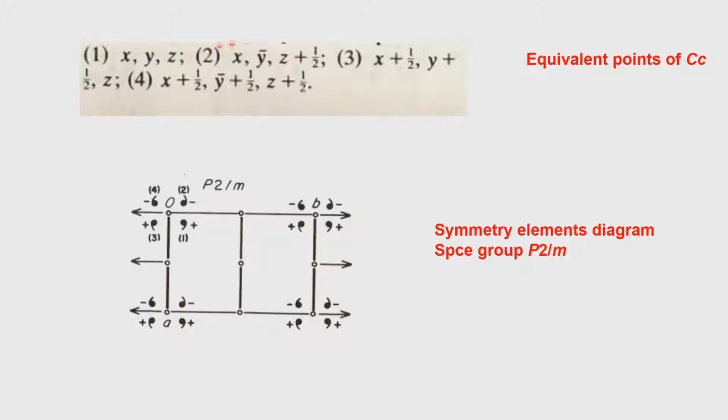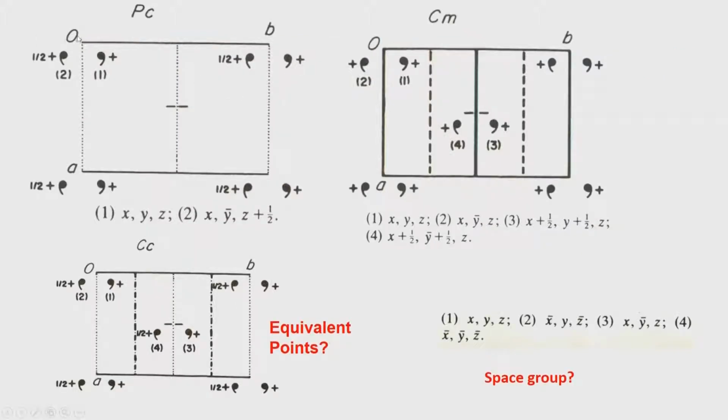So, this goes to x plus half, y bar plus half, and z plus half. So, these are the 4 equivalent points. So, the take home lesson here is that given this diagram, in principle we should be able to write the equivalent points.